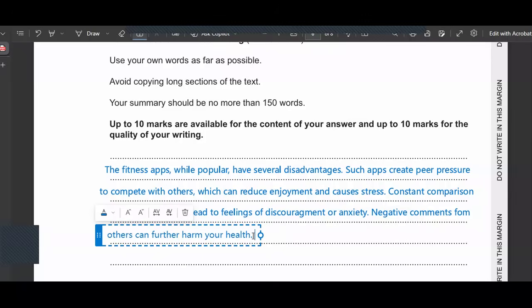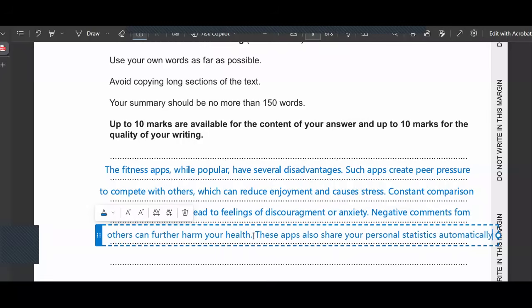And to continue, we can say that these apps also share your personal data. The usage of the word data would not be appropriate enough. Statistic would be the more appropriate one. Statistic automatically.